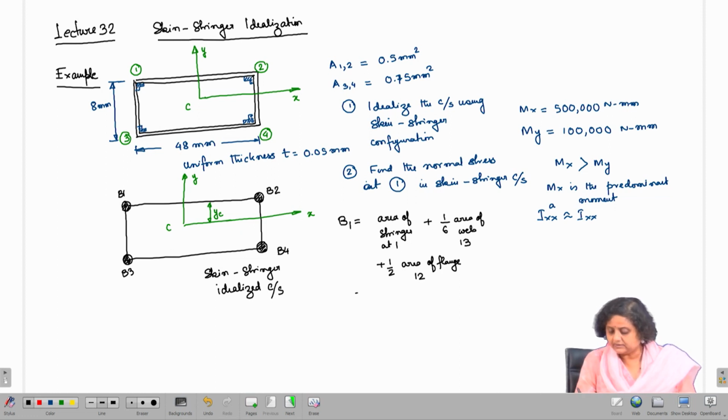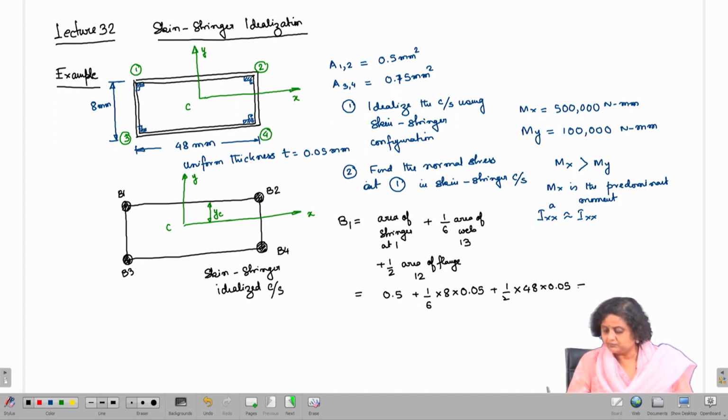Now, if we calculate this, this is going to be 0.5 plus 1/6 into 8 into 0.05 plus half into 48 into 0.05. If we calculate this, we will see that B1 turns out to be 1.767 millimeter square.